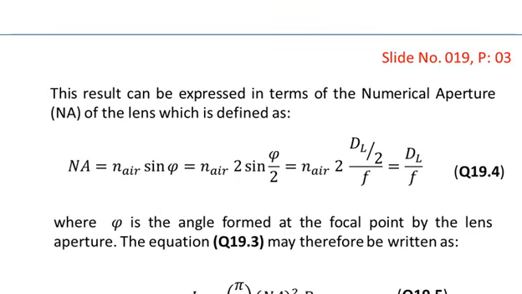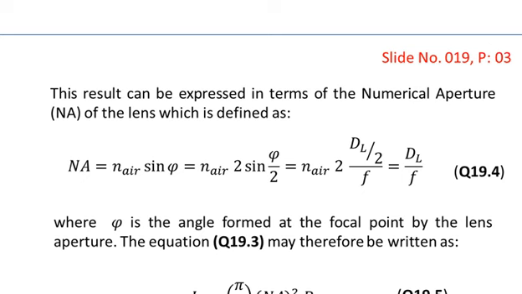This result can be expressed in terms of the numerical aperture NA of the lens, which is defined as follows. The numerical aperture of the lens is equal to the refractive index of air multiplied by the sine of phi, which is equal to n air times 2 times sine of phi by 2, and is equal to n air times 2 times dl by 2 over f, because the sine of phi by 2 has been replaced by dl by 2 over f.